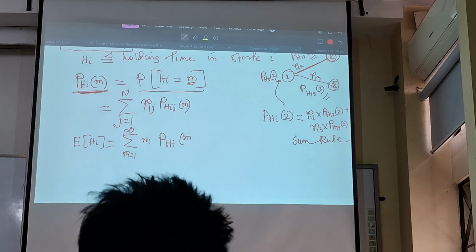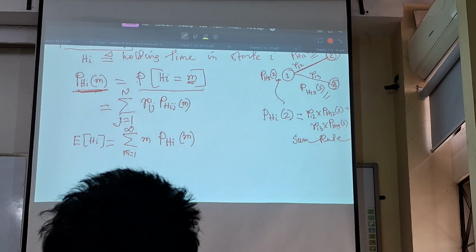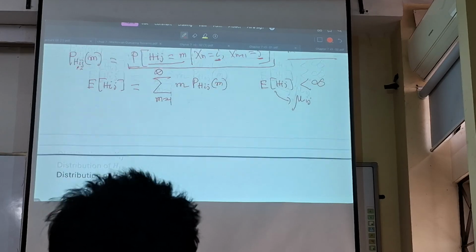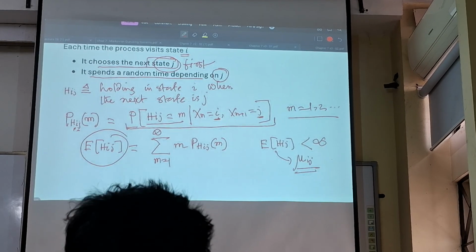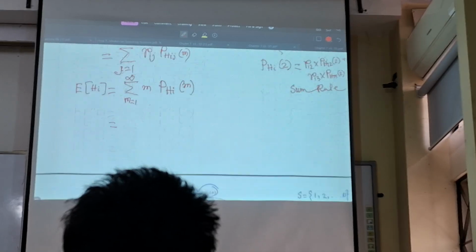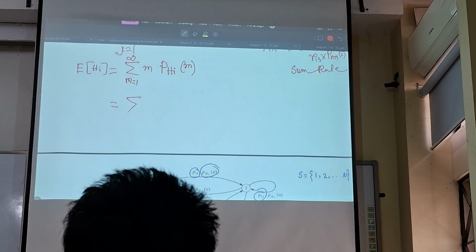Okay. But there is another way around. If you already calculated the expected value of this one, or mu I say, if it is already calculated or given, then by applying the law of total expectation, what can we calculate?